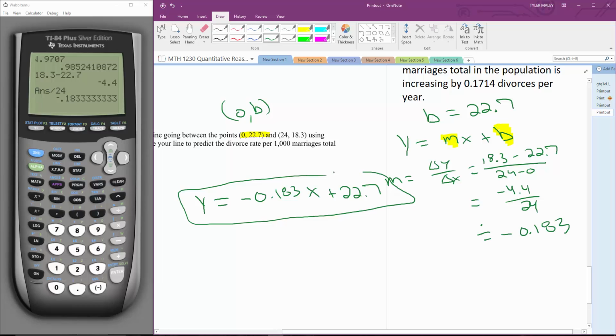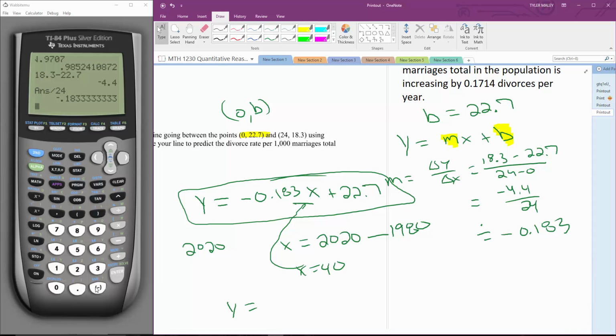Right? So I want to estimate for the year 2020, right? So in 2020, my x variable would be 2020 minus, so x is years since 1980, so 2020 minus 1980 gives me x equals 40. So if I plug 40 into here, I can find y, right?